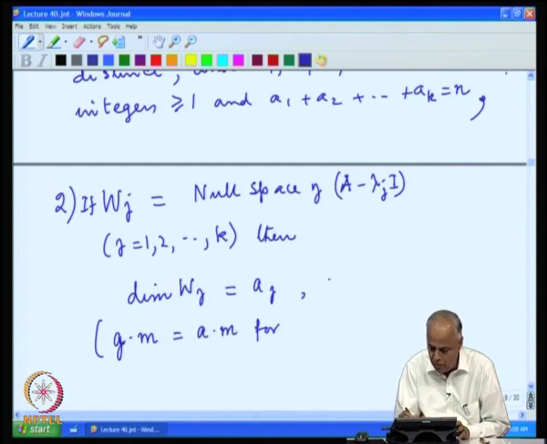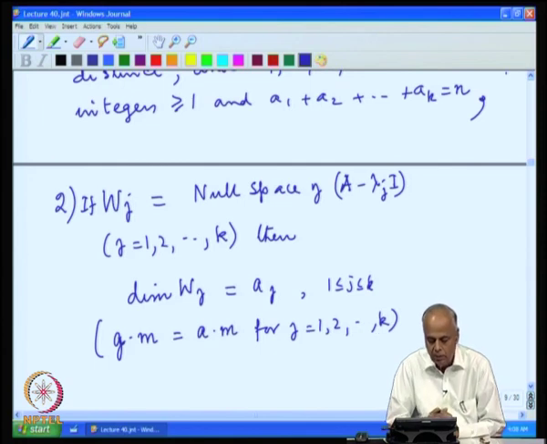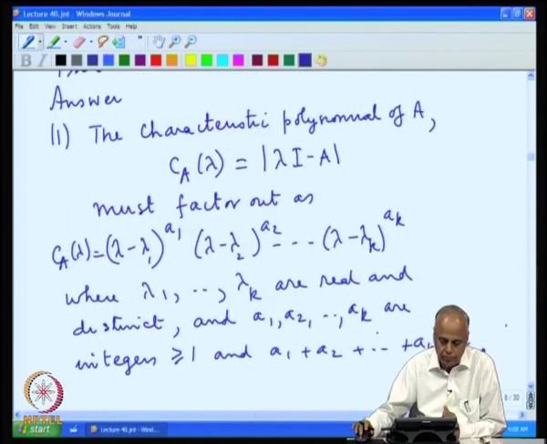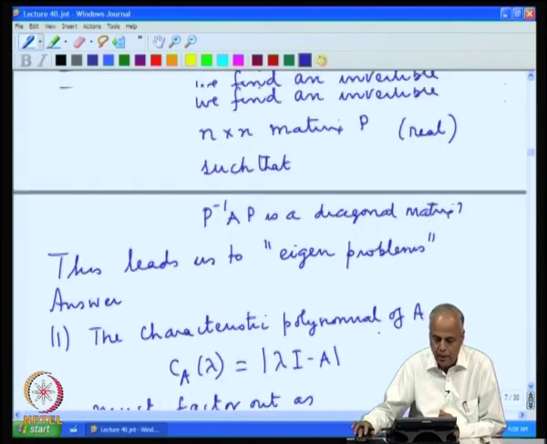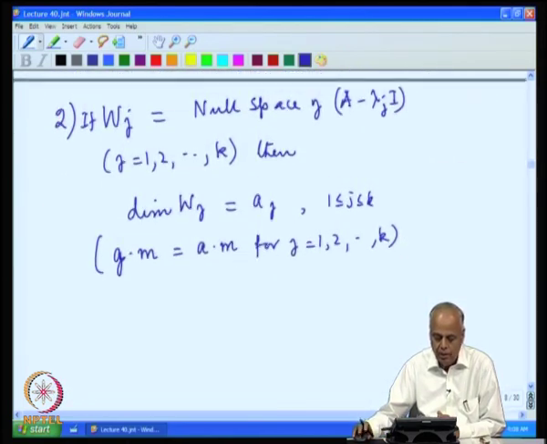This must happen for every eigenvalue, for j equal to 1 to k: the geometric multiplicity must be equal to the algebraic multiplicity. These are the two conditions that A has to satisfy in order that the matrix P exists.